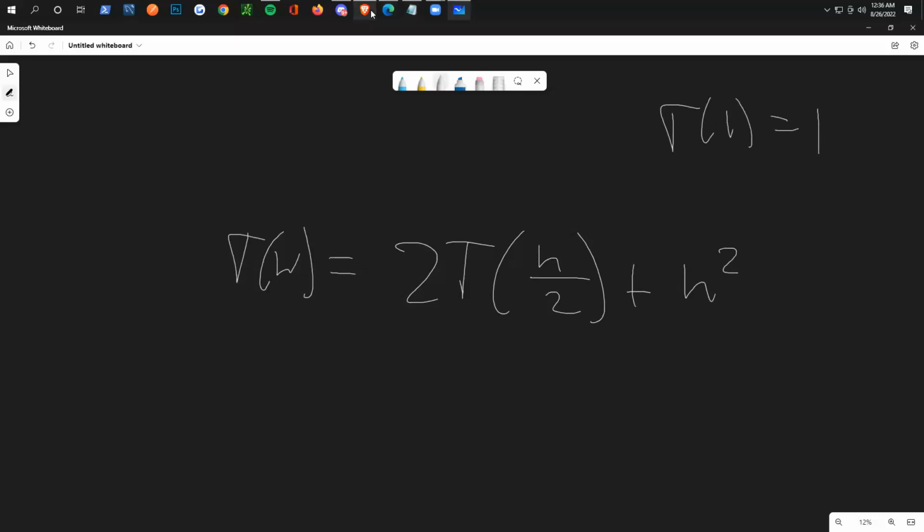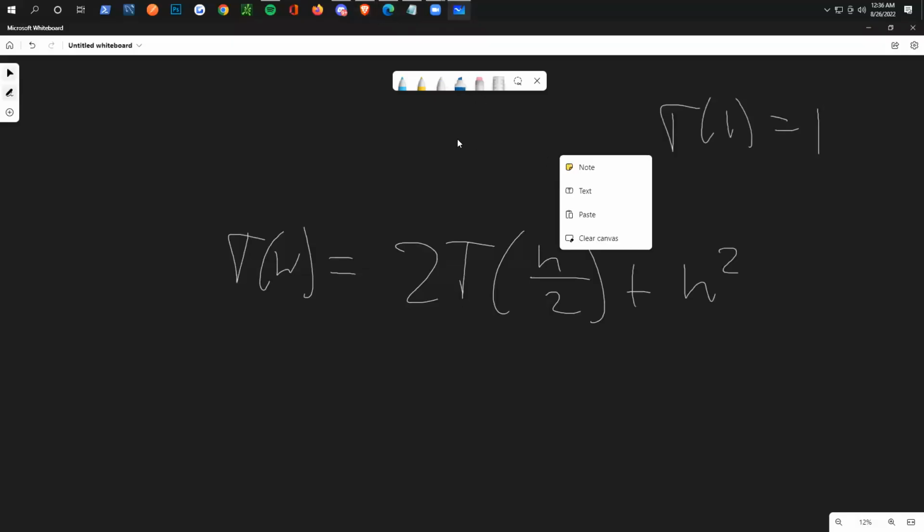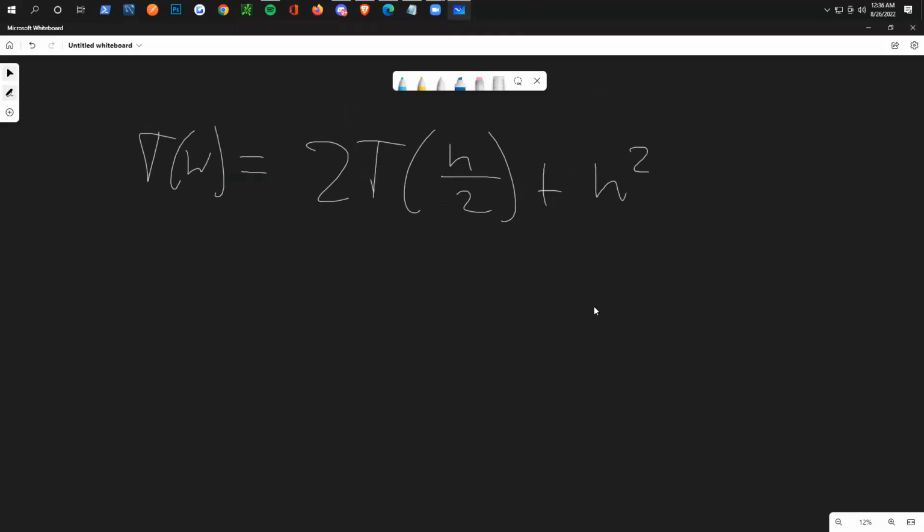So I think this was it. Yes. Okay. So yeah, this is not an n right here. Okay, so same formula.